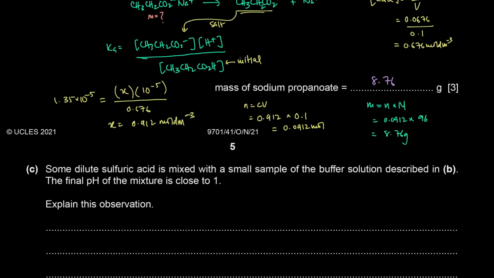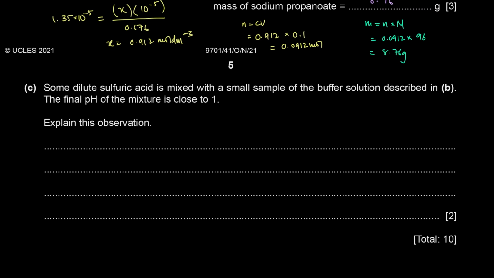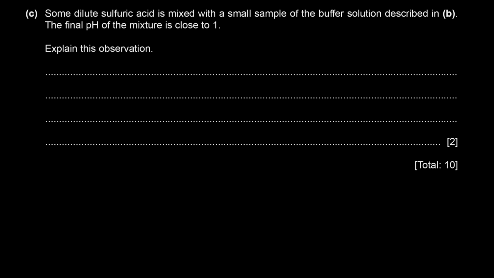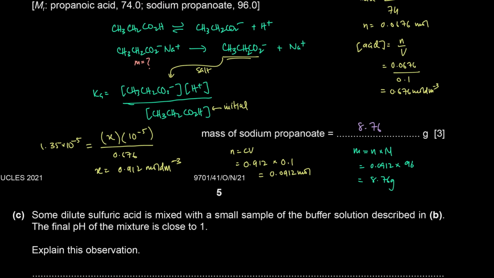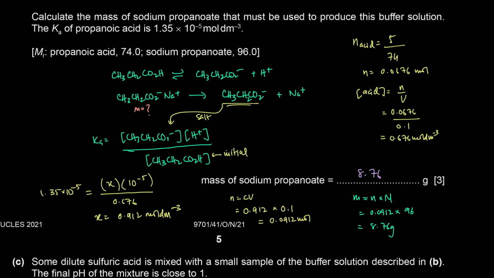Now part C of the question says, some dilute sulfuric acid is mixed with a small sample of the buffer solution described in part B. The final pH of the mixture is close to 1. Explain this observation. So if you guys remember how we define a buffer solution, it is resistant to small changes in pH.